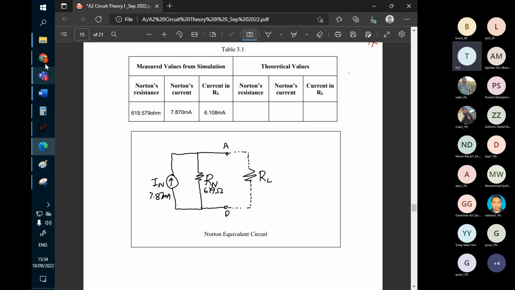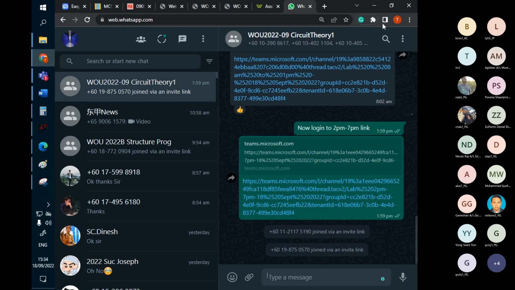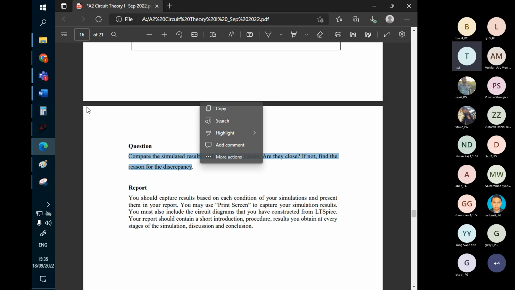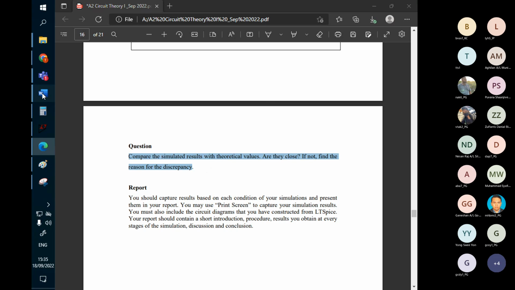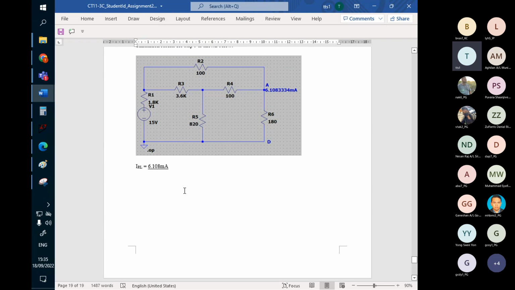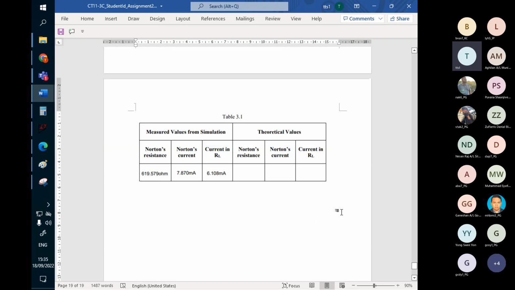All right, let's proceed to the next question. This is the question actually. We still need to copy this one. After the results will be a discussion, and then the conclusion.